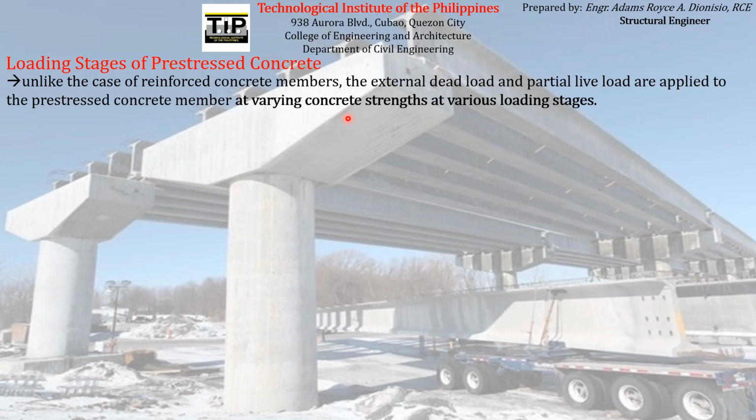But for prestressed concrete members, the loads that are anticipated to be carried by the member, the dead load and the live loads, are applied at varying concrete strengths, starting from the initial compressive strength up to the 28-day compressive strength of the concrete, as well as compressive strengths exceeding the 28-day strength, at various loading stages.